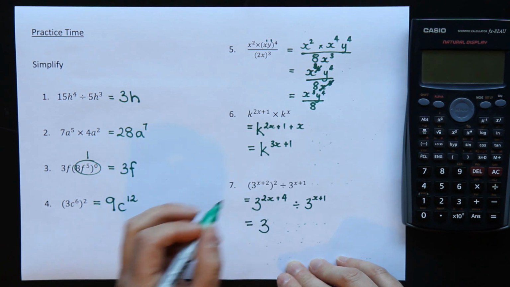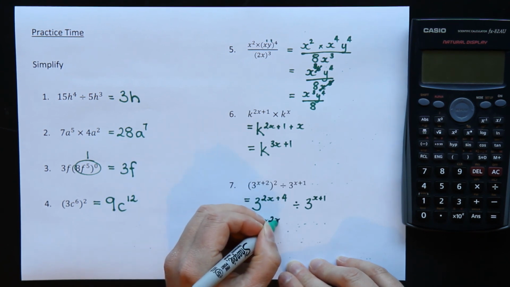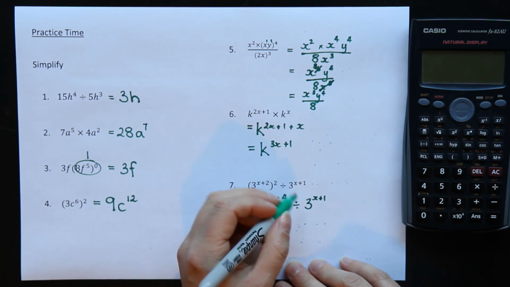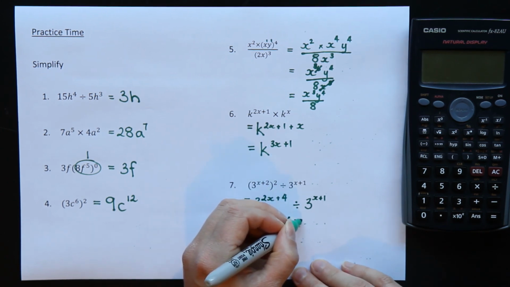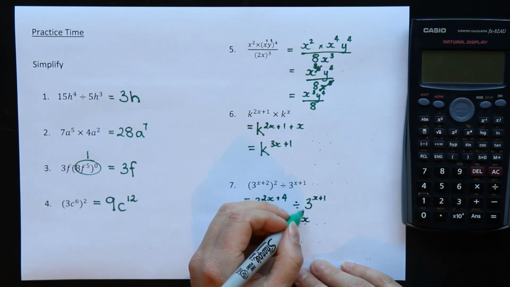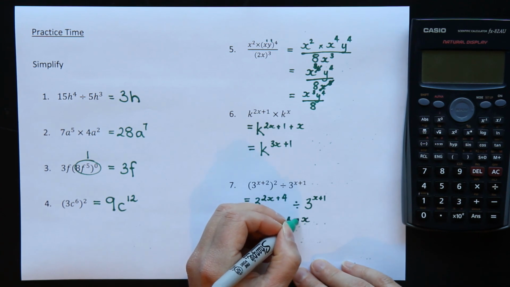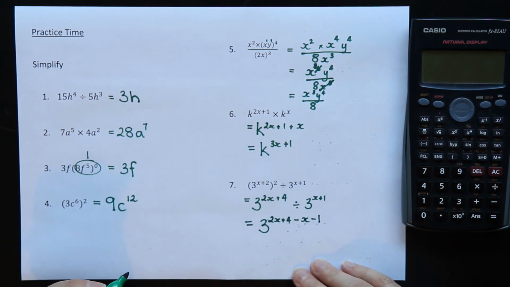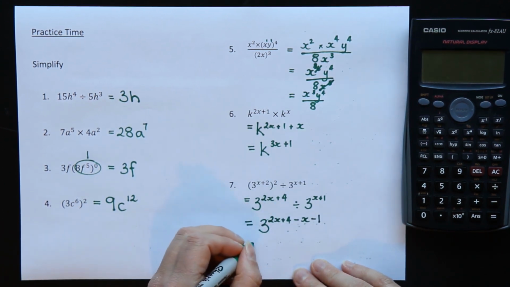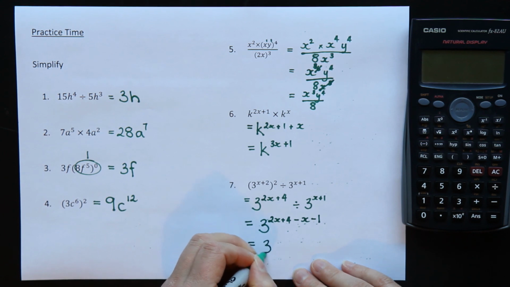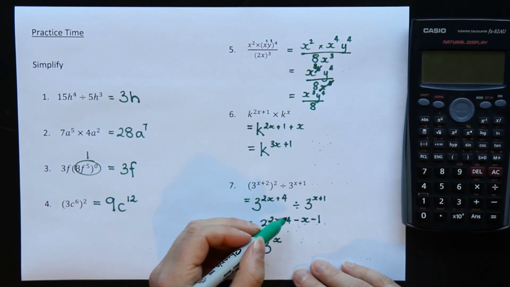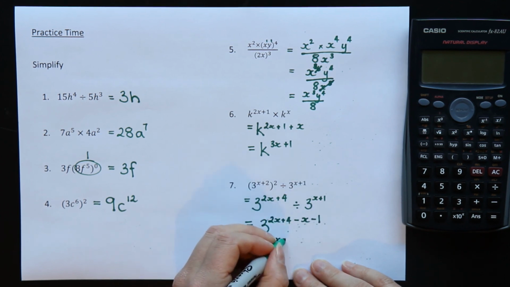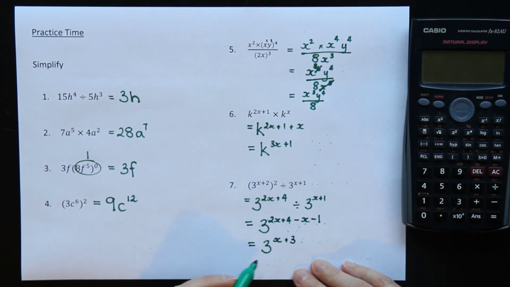So 3 stays as the base, and I'll have 2x plus 4, and then I want to minus the x, and we could have our bracket here, or I can do it in one step and I can expand the minus through to have a minus 1 as well. Then I can collect up my like terms here. 3 is the base, 2x minus x is just 1x or x, and 4 minus 1 is a positive 3. So 3 to the power of x plus 3 is my final answer.